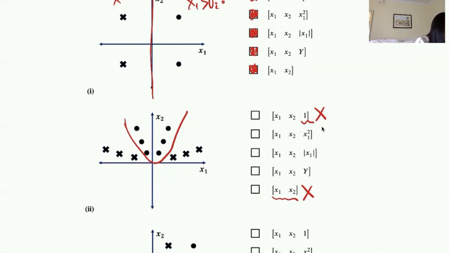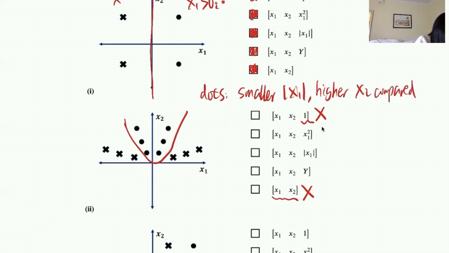Comparing the points of these two labels, for dots, they have a smaller absolute value of x1, but higher x2 compared to crosses.